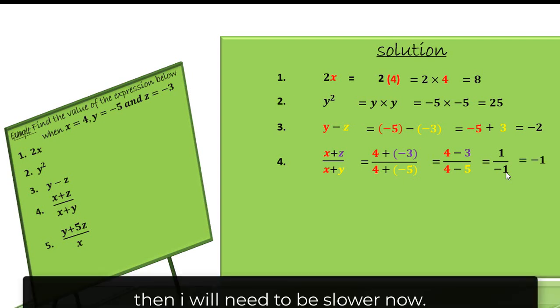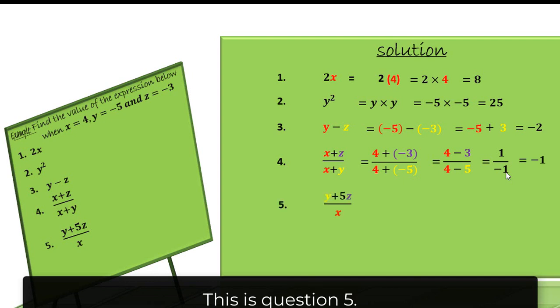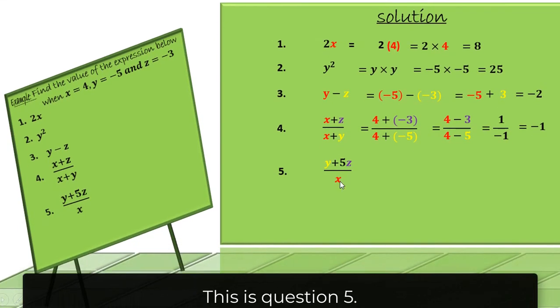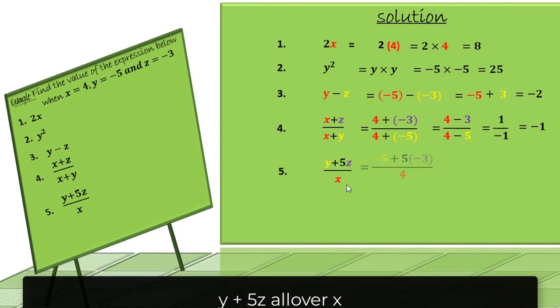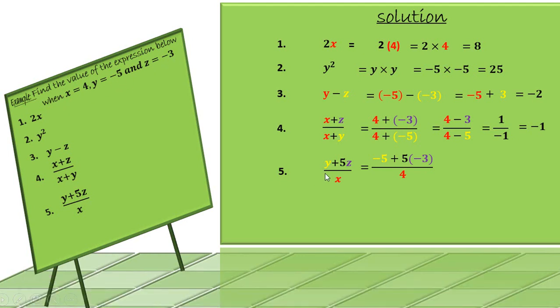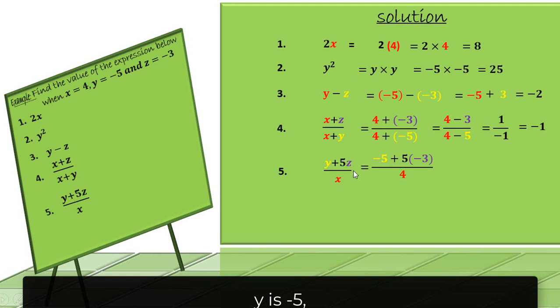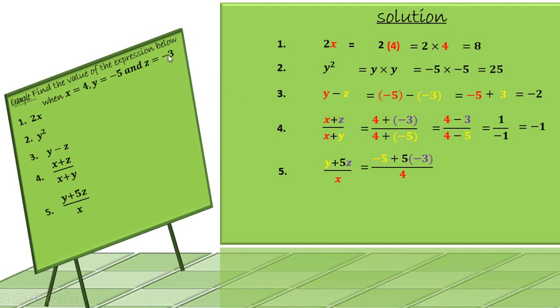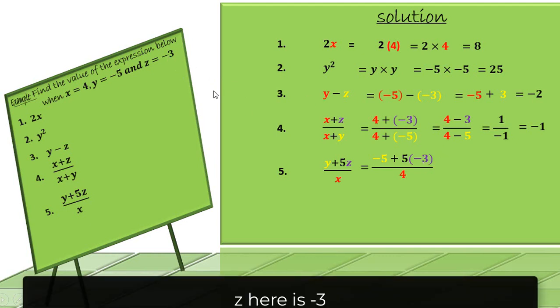This is question 5. I believe that is understood. Now this is question 5. Question 5 says y plus 5z over x. Okay, so just replace them by what is given there. Y is minus 5, then plus 5 into our z, which is minus 3. Z here is minus 3, and our x is plus 4.